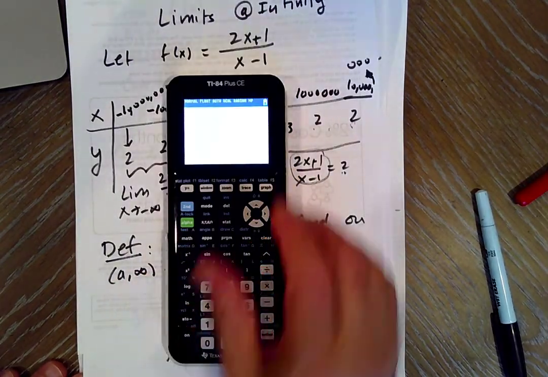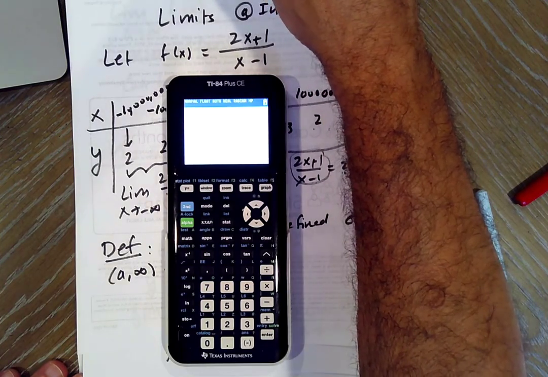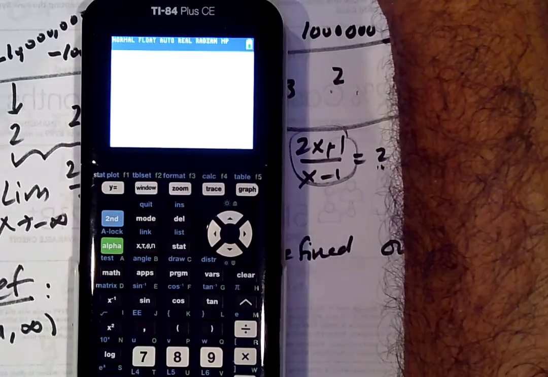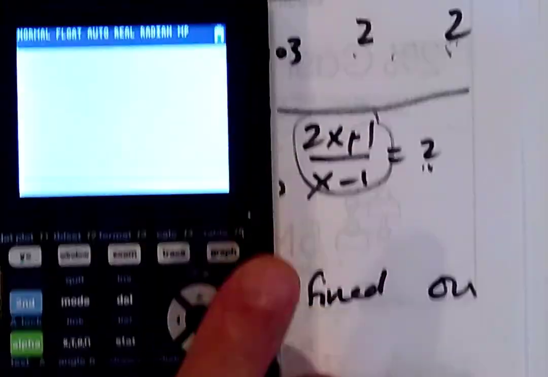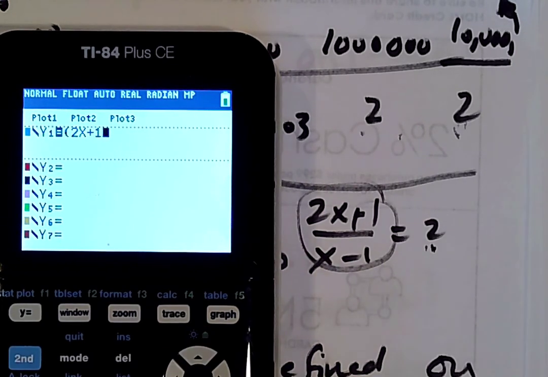Let's see the grapher, what that means graphically speaking. So y equals 2x plus 1 divided by x minus 1.